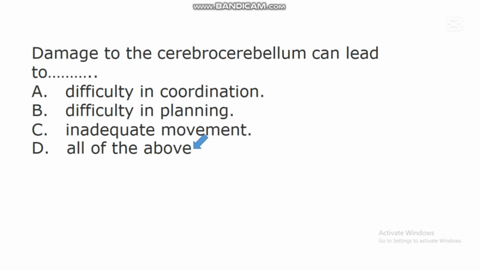So if anything goes wrong in this part of the cerebellum, if there is damage to this part of cerebellum, there will be a serious difficulty in coordination, there will be difficulty in planning, and there will also be inadequate muscular movements. So the movements in that individual will be seriously affected.